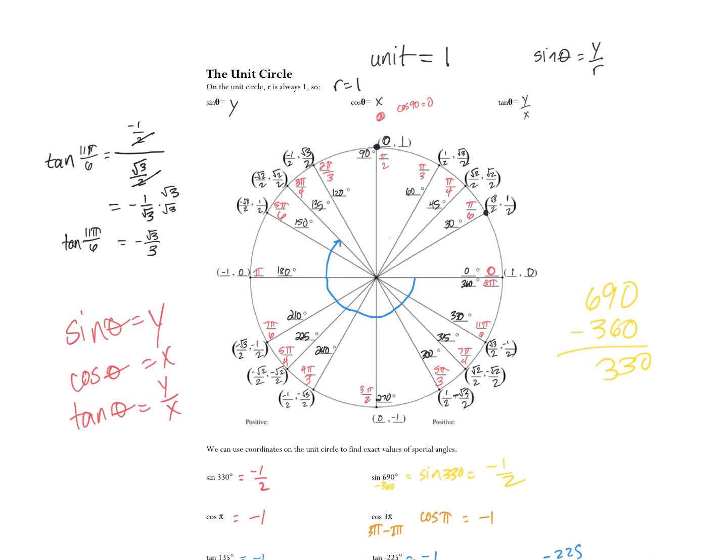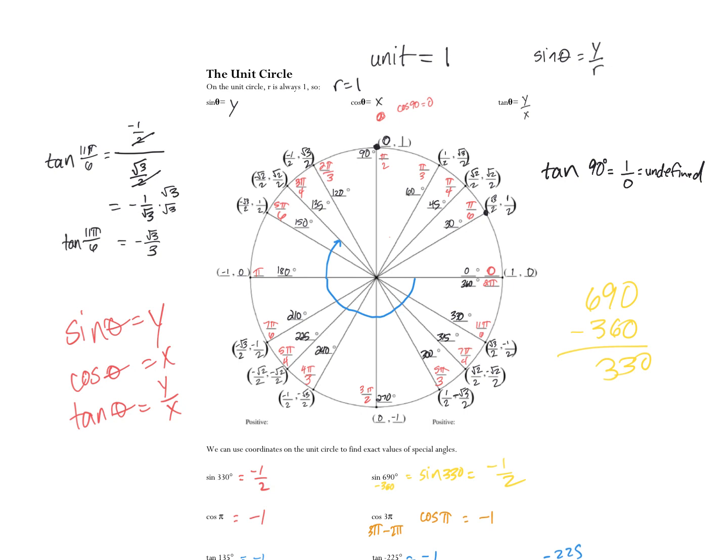I said one more. This one really is one more, I promise. What is the tangent of 90 degrees? Undefined. You're not allowed to have a 0 in the bottom of the fraction, so this is undefined.